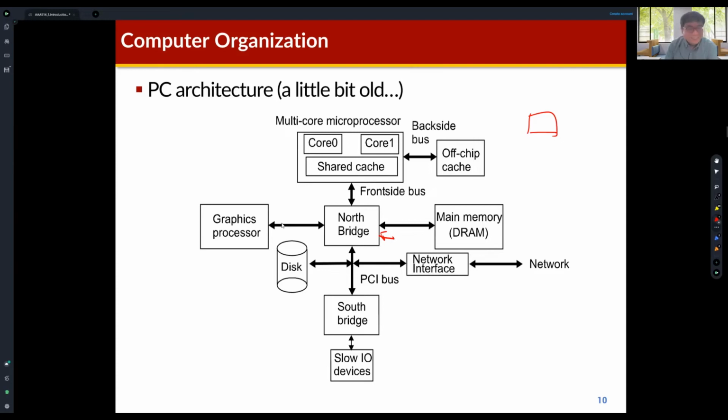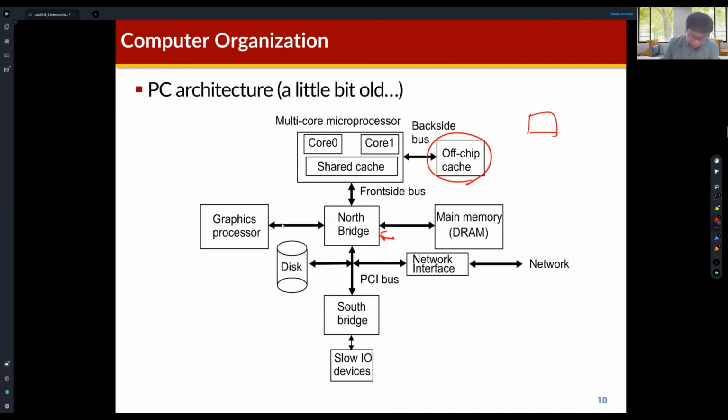Also, as you can see, there is an off-chip cache. The very old CPU did not have an L2 cache. The old CPU had just an on-chip level 1 cache, but the level 2 cache was outside of the CPU chip.